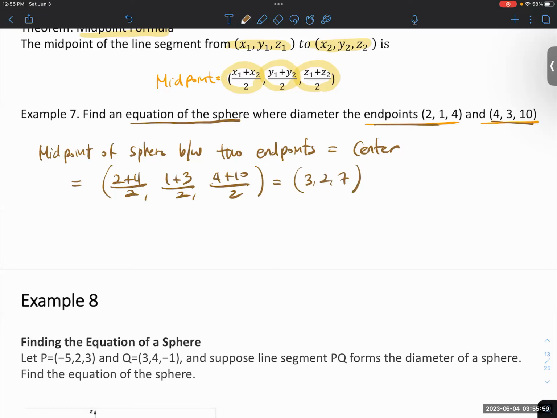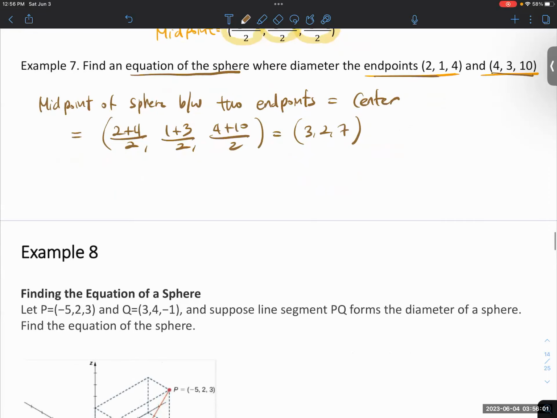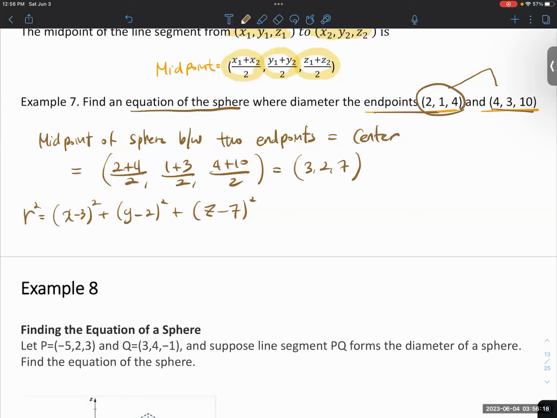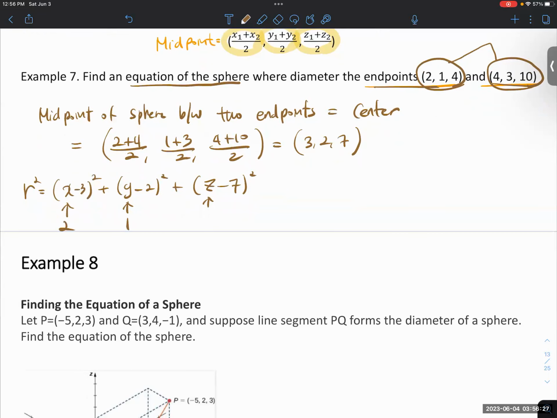Am I correct? And we can also find the radius, isn't it? Because the sphere is passing through one of those two points. So therefore, r squared equals x minus 3, y minus 2, z minus 7, with the center, correct? And then I need to find the radius. You can plug one of the x, y, z points in here. If you want, you can plug in 2, 1, 4, or you can plug in 4, 3, 10. So therefore, r squared equals 2 minus 3 squared, which is negative 1 squared, 1 minus 2 is negative 1 squared, and 4 minus 7 is negative 3 squared.